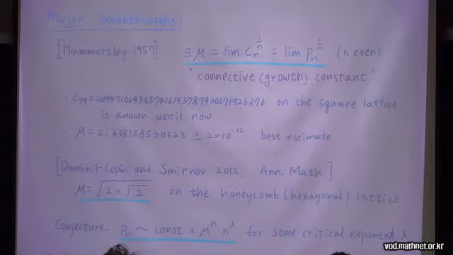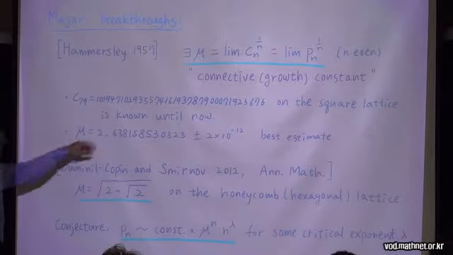But he only showed their existence, and nobody knows the exact value of mu, because Cn and Pn grow exponentially. Many mathematicians are trying to find the exact numbers, but so far Cn has been found only up to n equal 79. And for mu, the best estimate is something like that.